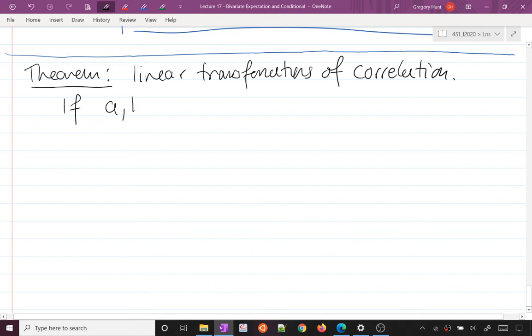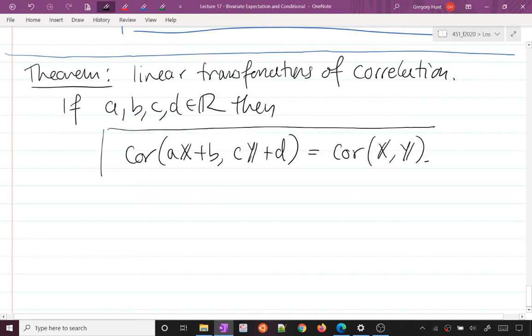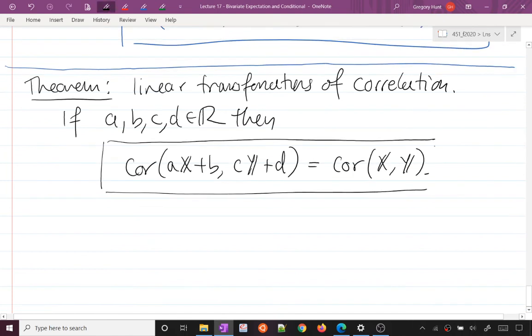If we have constants a, b, c, and d, then the correlation of aX plus b and cY plus d is the same as the correlation of X and Y. The reason, in a fundamental sense, is that correlation measures linear relations.